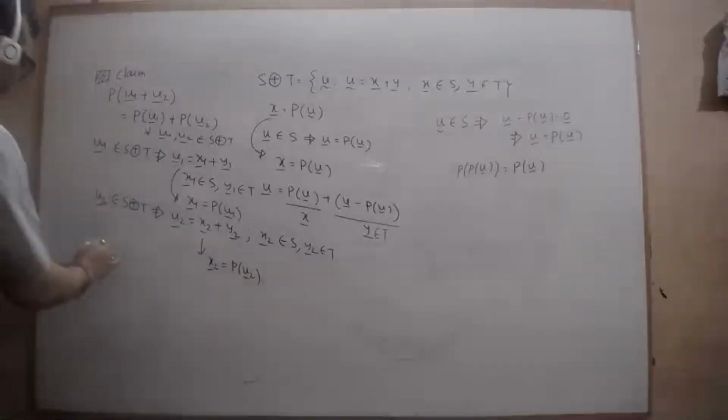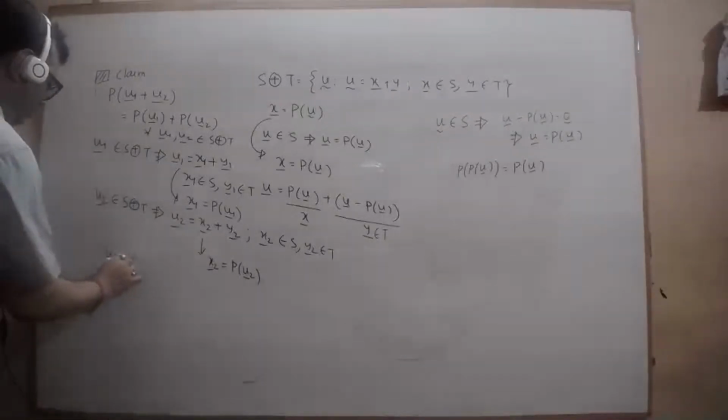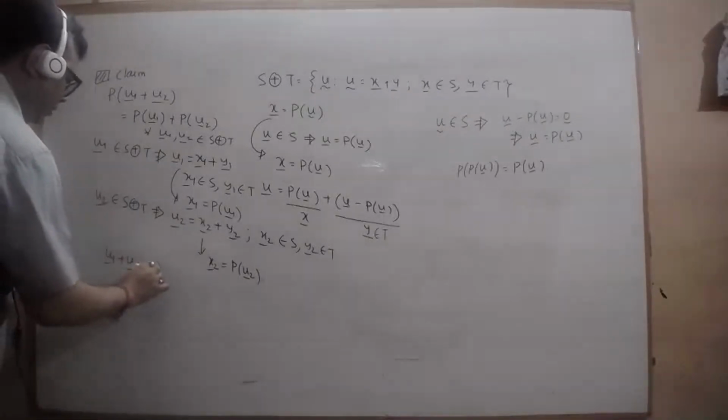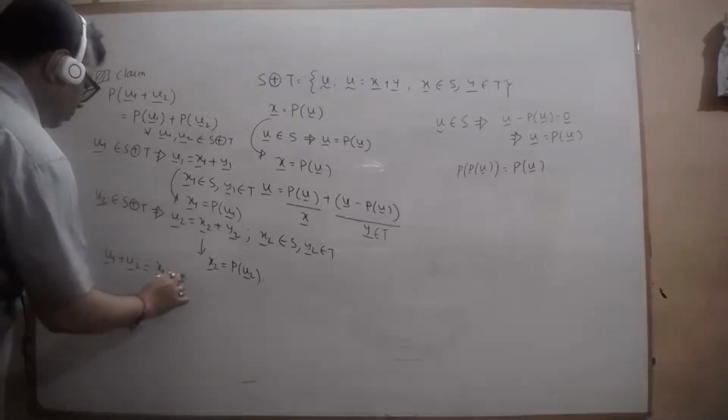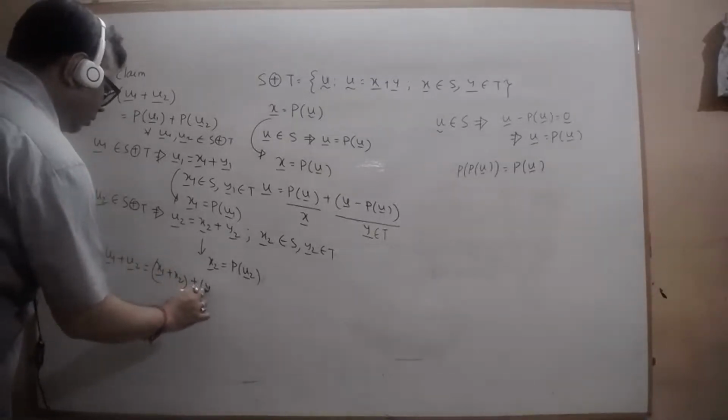Therefore, u1 plus u2 is x1 plus x2 plus y1 plus y2.